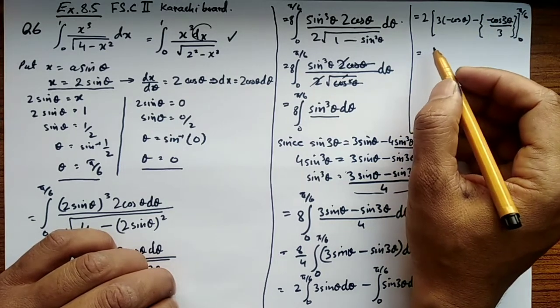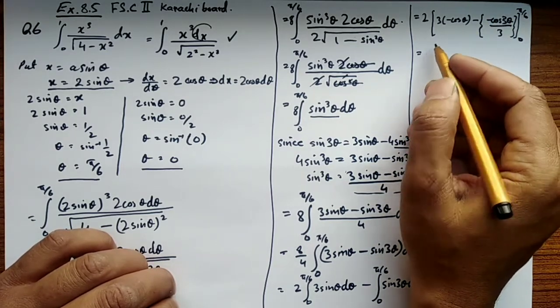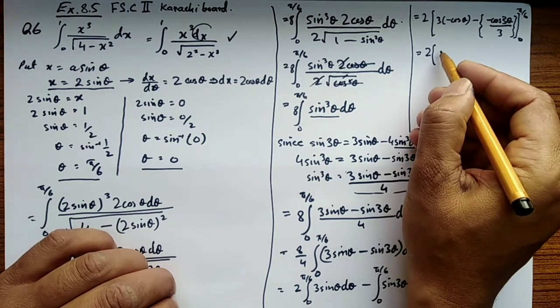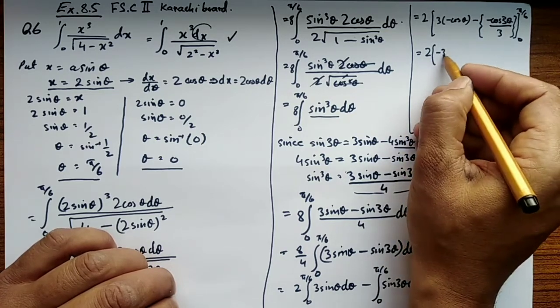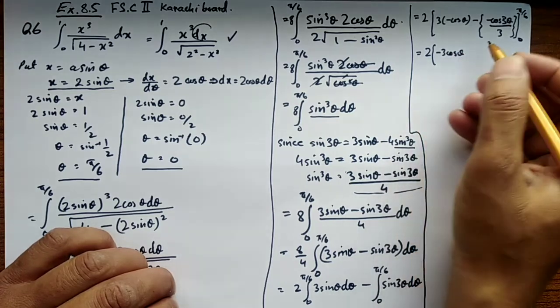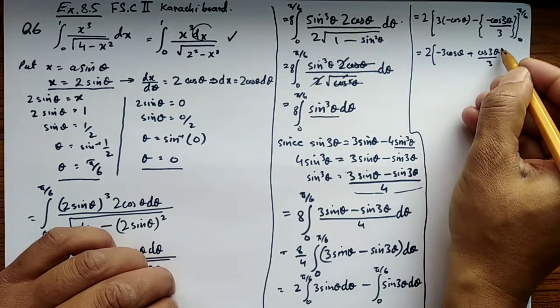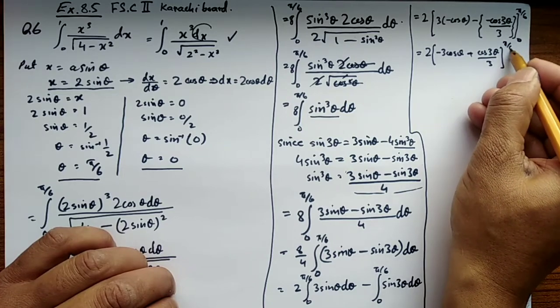Now applying the limits, before applying, let's just remove those brackets. Minus 3 cos theta plus cos 3 theta divided by 3, from 0 to pi upon 6.